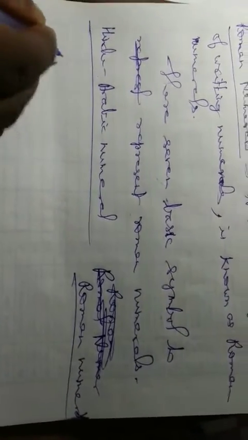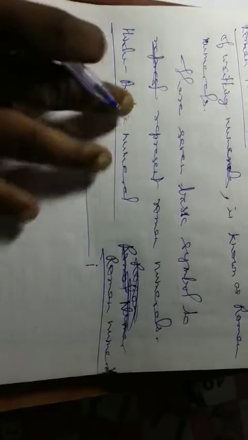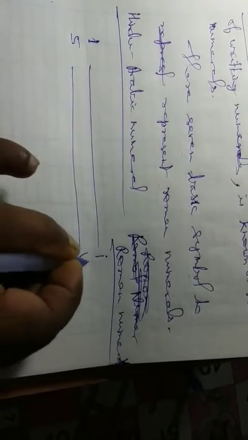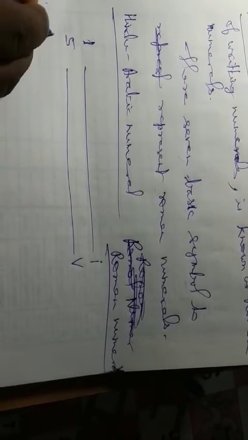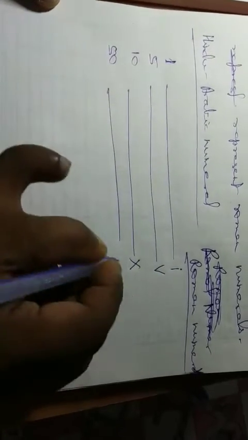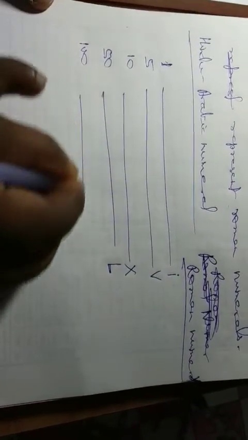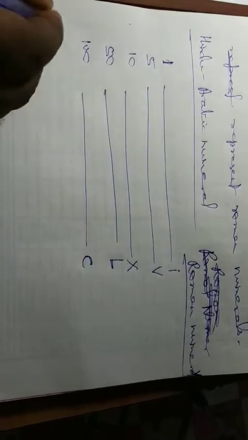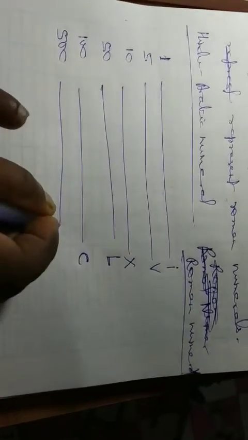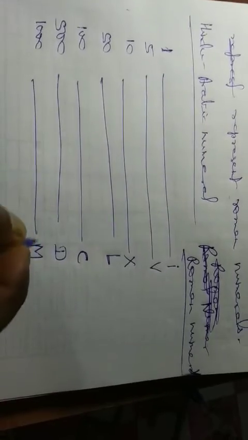In Hindu-Arabic numerals we write 1 just like that, but in Roman numerals it is written I. 5 is written as V. 10 is written as X. 50 is written as capital L. 100 is C. 500 is D. And 1000 in Roman numerals is M.